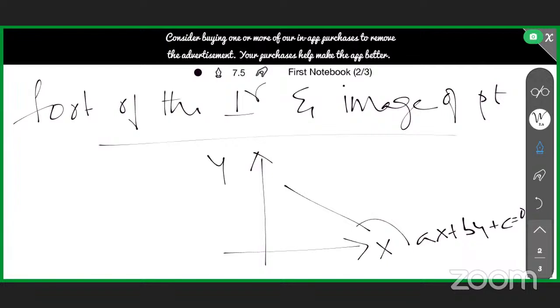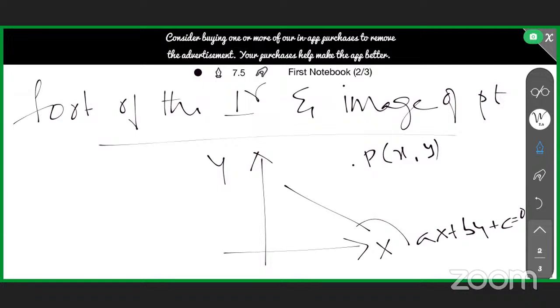Then there is one point somewhere here, P(x, y). This we have discussed earlier also. Basically, we discussed theorems also last week. So I got my line ax plus by plus c is equal to 0, and I got my point.